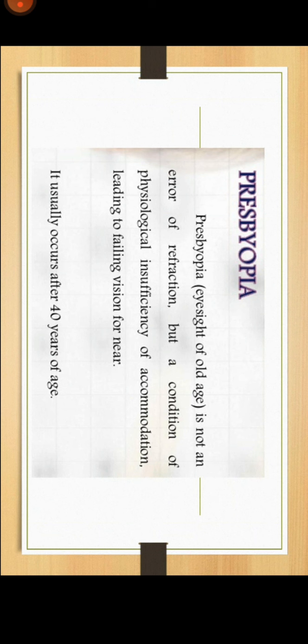That means the patient can see distant objects clearly, but can't see near objects, especially when reading, writing, etc. It usually starts at 40 years of age, but nowadays it is seen starting at 37 years.